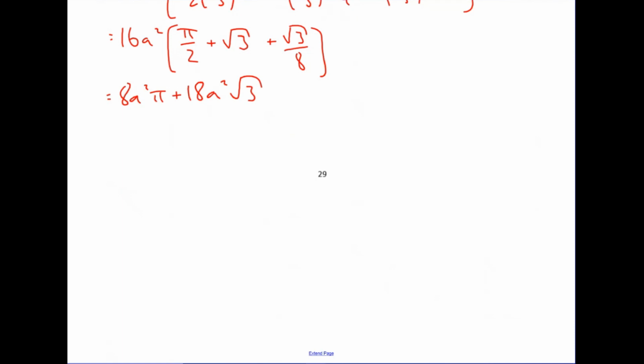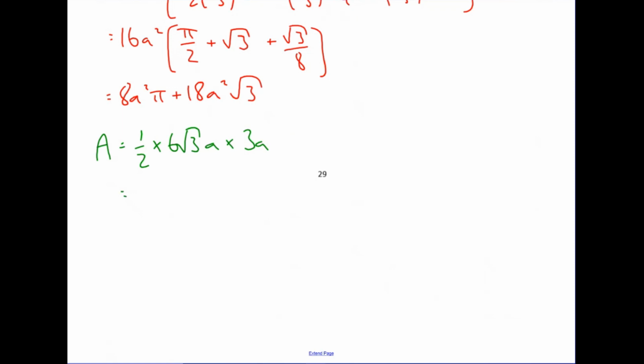So I need to find the area of the triangle now. I'm doing a half times the base times the height. Remember, the base is what we worked out in the first part of the question, 6 root 3a. The height is what I said: stick in theta equals 0 to get that height, and you get 3a.